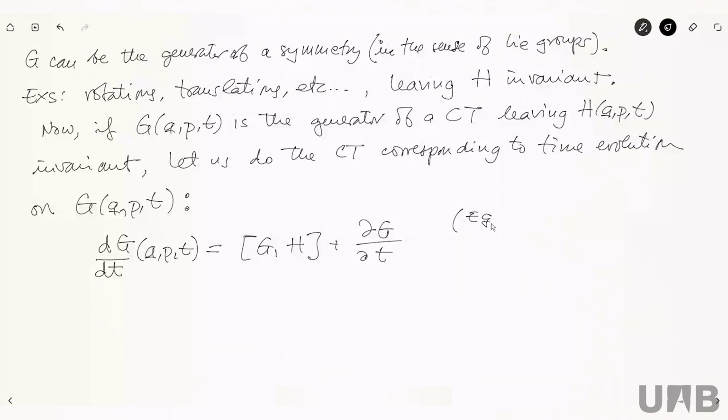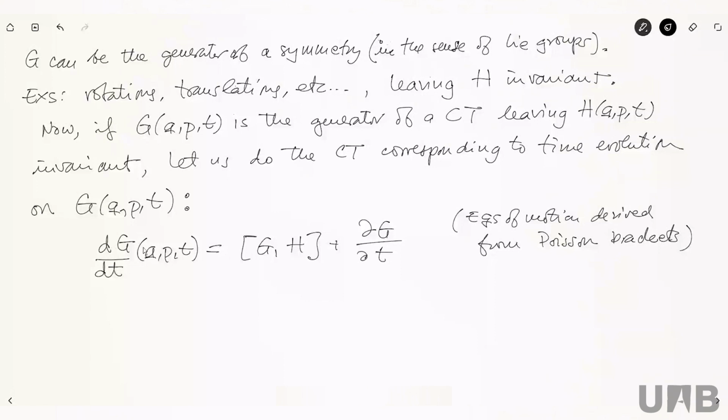These are the equations of motion derived from Poisson brackets. We already obtained this equation when we were discussing Poisson brackets the first time.